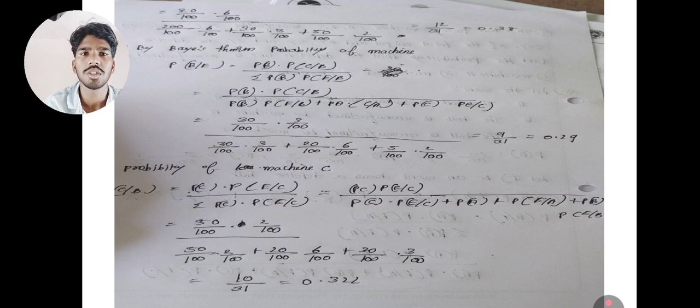And the probability for machine C is the same as for these two machines.